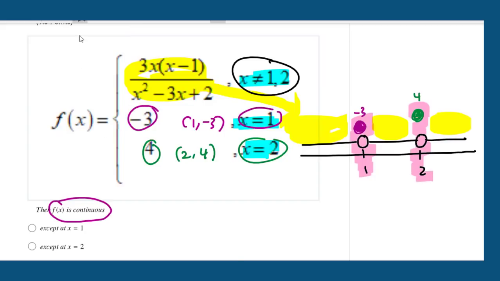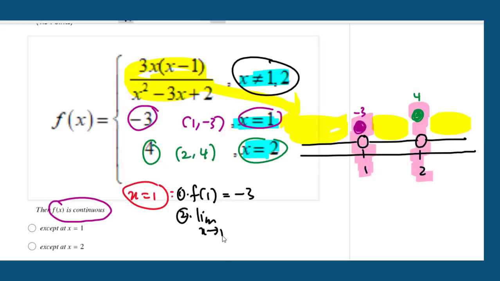Let's discuss when x is equal to 1. To check whether continuous or not, need to satisfy the 3 conditions. First is f of 1. Given f of 1 is negative 3. Second is the limit as x approaches 1.